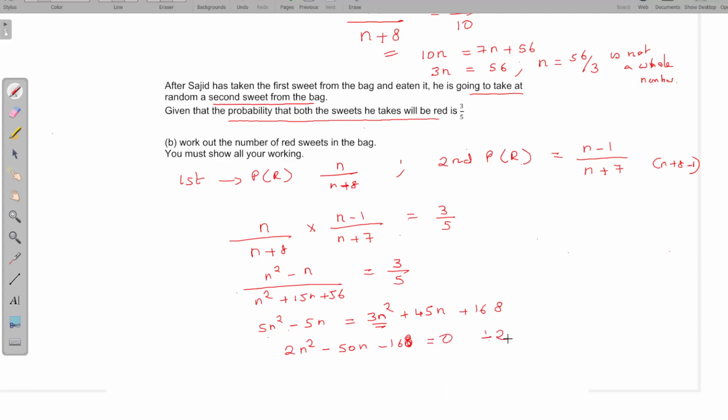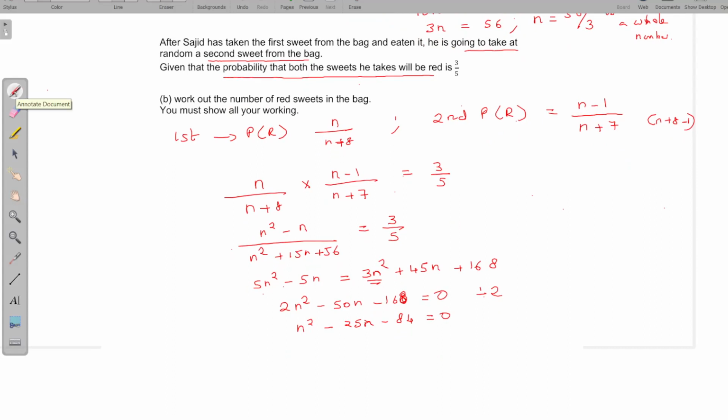We can divide everything by 2. That's n squared minus 25n minus 84 is 0. So we can factorize that. It will be n minus 28, n plus 3 is 0, which means we can't take a negative number, so n minus 28 is 0, therefore n is 28. So the question is asking the number of red sweets. Number of red sweets was n, so therefore n is 28. That is the number of red sweets.